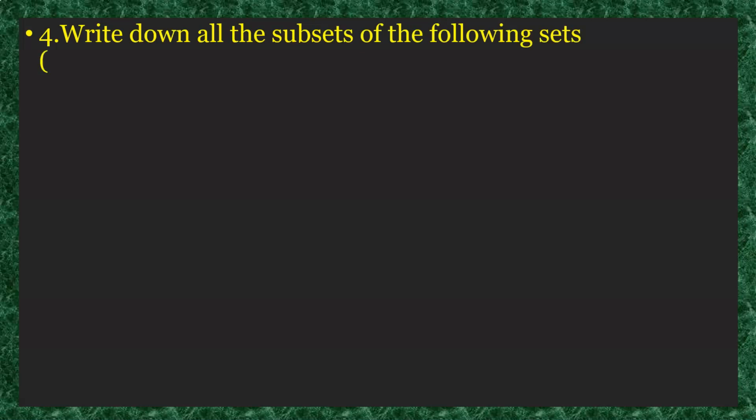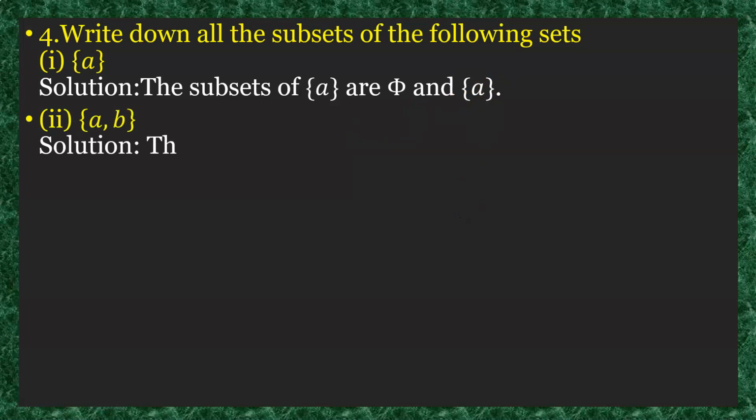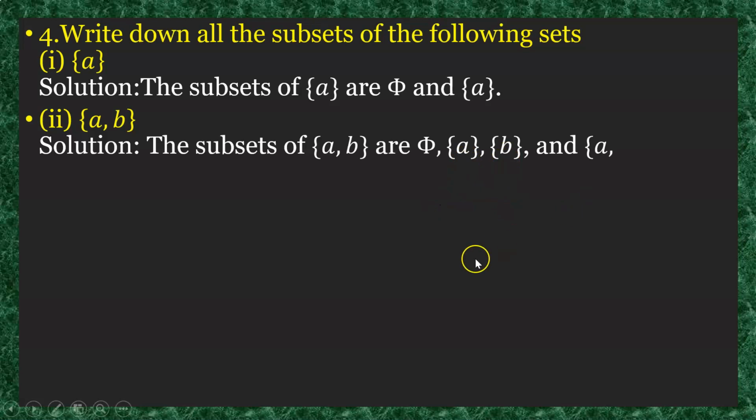Next example. Write down all the subsets of the following sets. First, set {a}, that set contains the singleton element a. The subsets of {a} are phi and {a}. {a, b}: the subsets of {a, b} are phi, {a}, {b} and {a, b}.